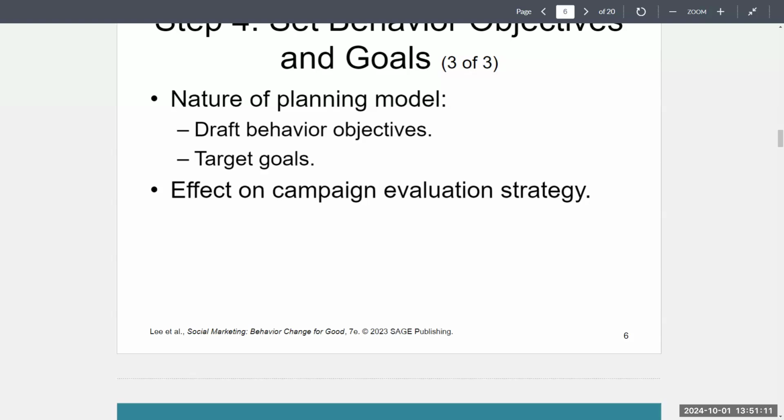And through it, you can determine whether your campaign has achieved its purpose or not. Okay? You don't know if there was a 30% increase in physical activity if you weren't measuring the percentage. Make sense? Yes? If you weren't tracking it from the beginning.